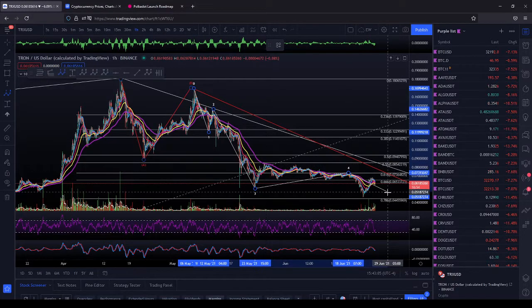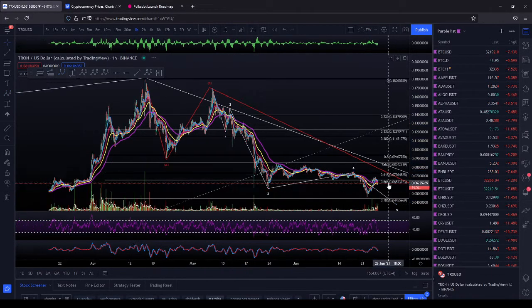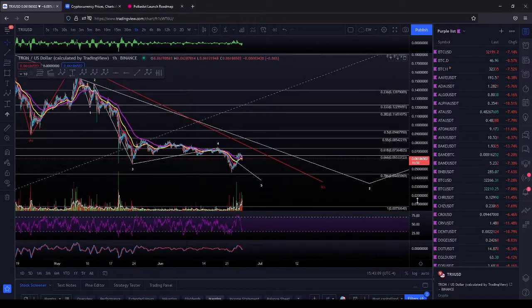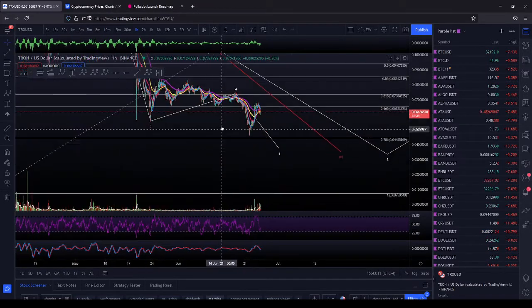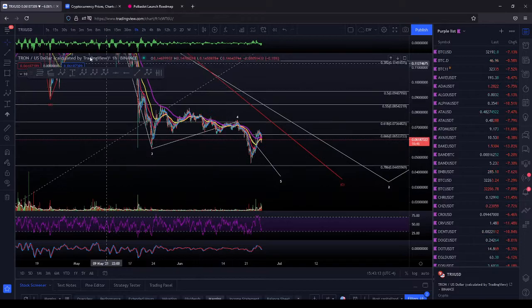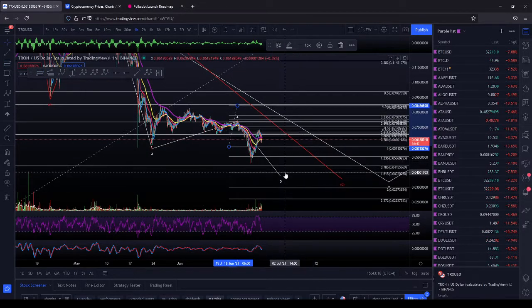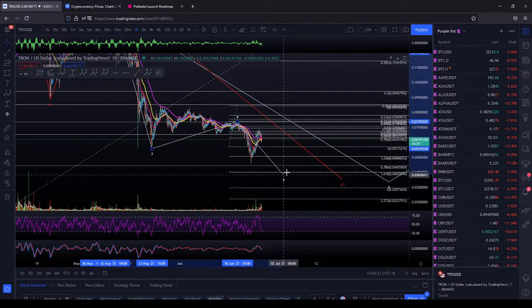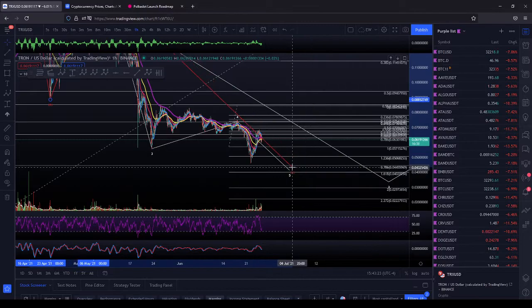Still counts up here though. And almost finished 5, so doesn't leave much room. I'm guessing here is going to be where it's going to finish.